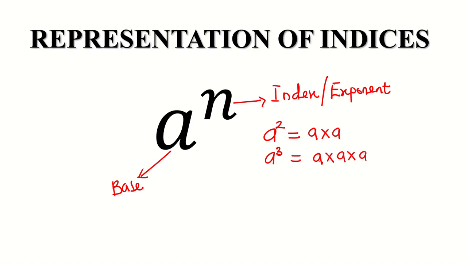This is how we can represent indices. We can also write 3 exponent 4. This simply means that 3 is repeating itself 4 times, and we can write it as 3 times 3 times 3 times 3. Having known this, let's look at examples concerning indices.